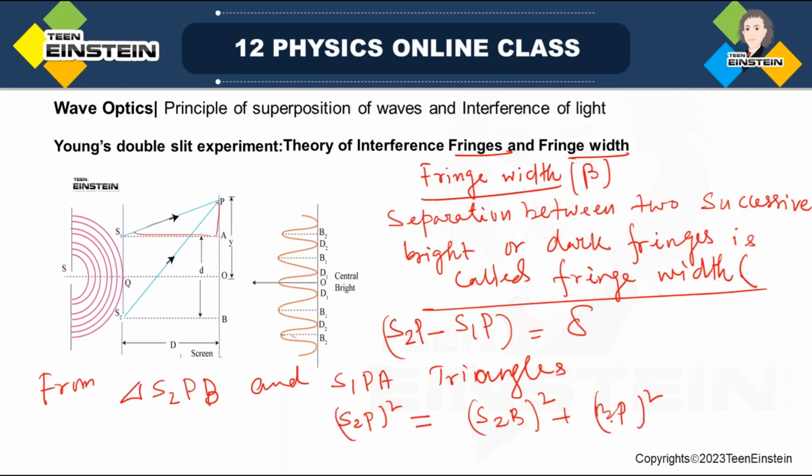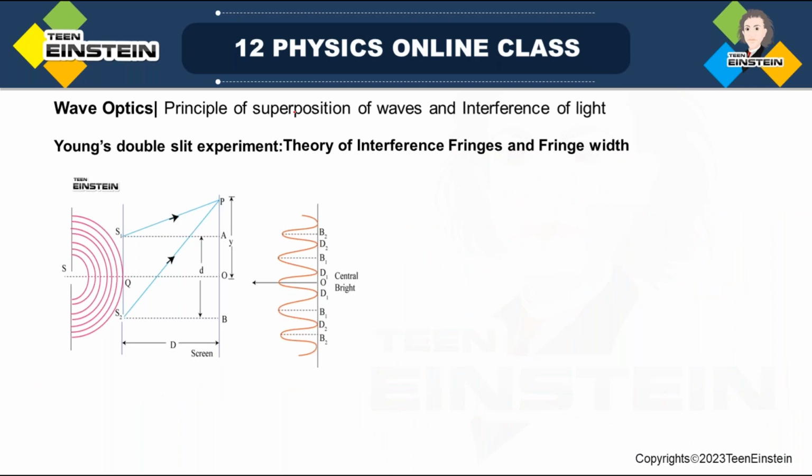This is 1. And what is S1P? A similar pattern you have to write from this triangle. That is S1P whole square equals S1A whole square plus AP whole square. So with these, I have to find out S2P minus S1P.